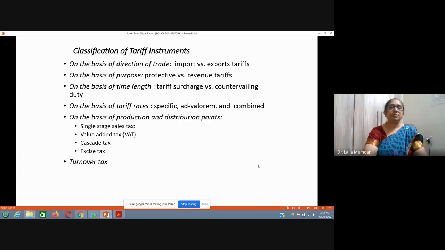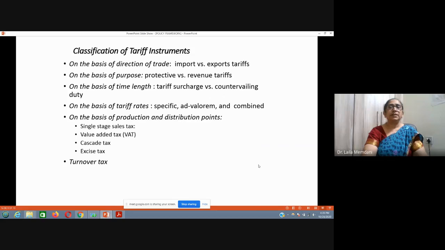Countervailing duties are imposed only when some country is dumping their goods in our country. What is dumping? Dumping means selling the goods in a foreign country at a price lower than the cost of production or at a price which is lower than the price at which it is sold in the home country.